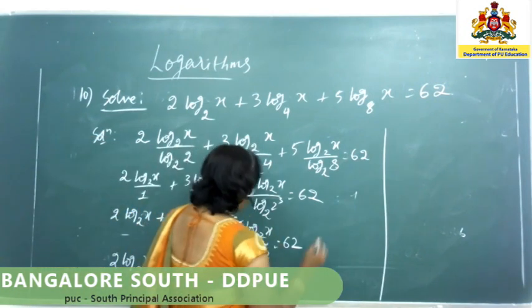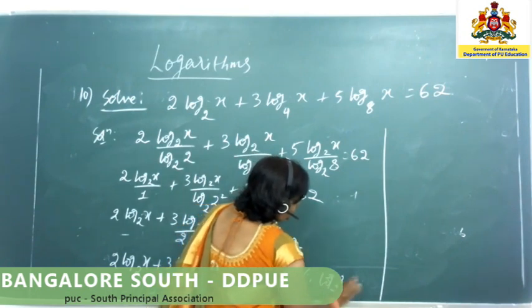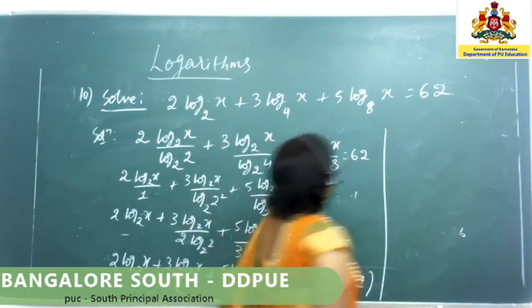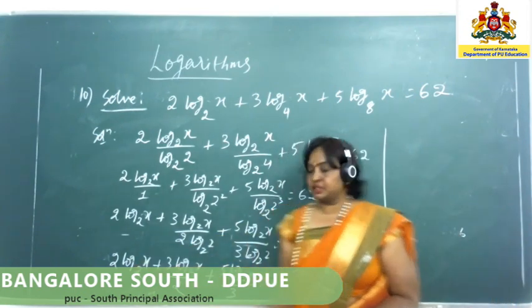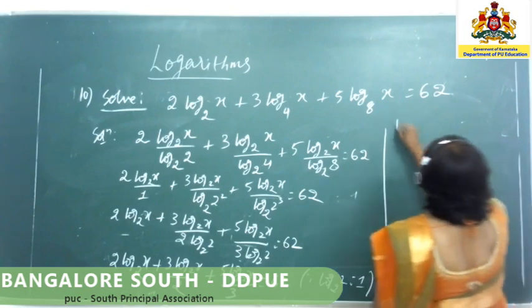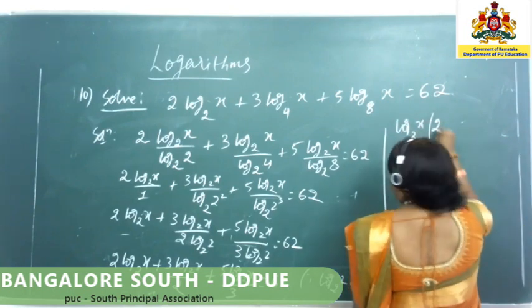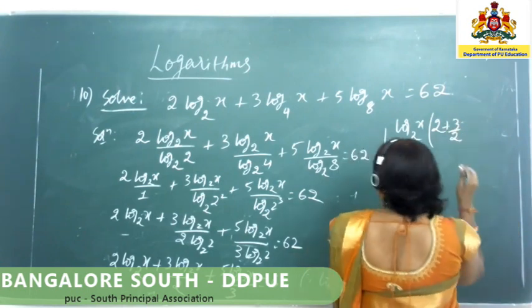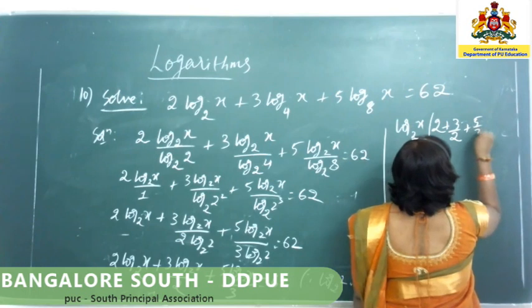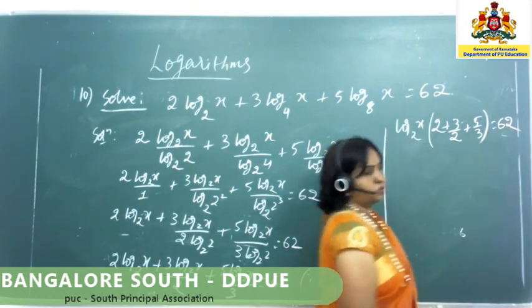You can just make a note: log 2 to base 2 is equal to 1. So now in the numerator you can take log x as a common factor outside. So log x to base 2 into 2 plus 3 by 2 plus 5 by 3 is equal to 62.